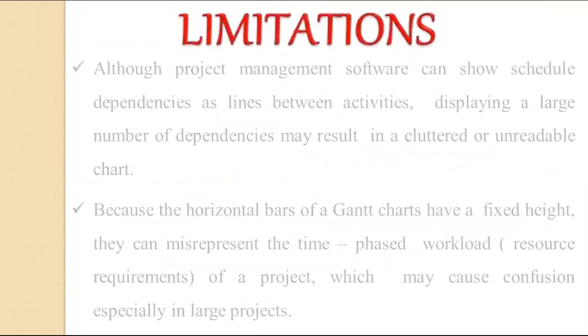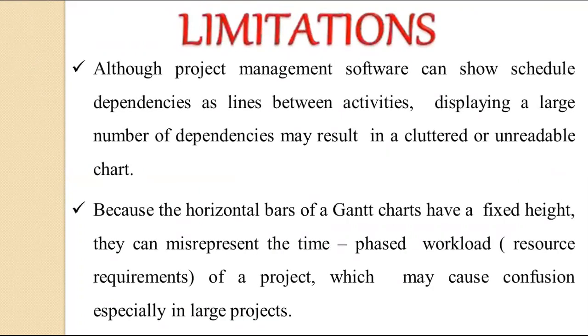Although project management software can show scheduled dependencies as lines between the activities, a large number of dependencies may result in cluttered or unreadable charts. Because the horizontal bars of Gantt charts have a fixed height, they can misrepresent the time-phased workload of a project, which may cause confusion, especially in large projects.